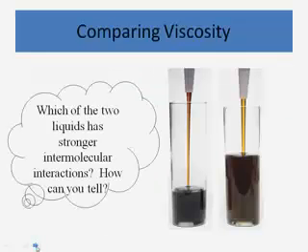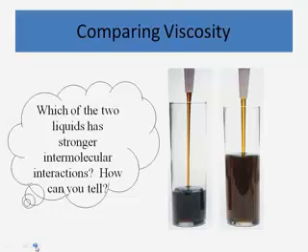Okay, viscosity, another property of liquids, that is the resistance to flow. And just as you might kind of intuitively think that the stronger the forces are, the more it's going to resist movement. And that's true. And so looking here, if we look at these two liquids, the one on the right is flowing faster, right?